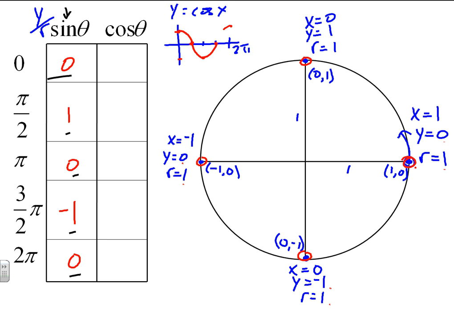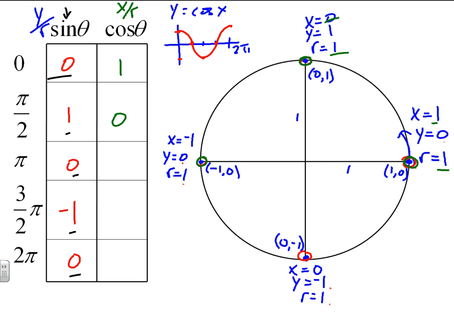Let's try that again. Okay, so cosine, let's do this one in green, x on r. So as we tour around at 0, x on r, 1 on 1. As we turn to 90 degrees, pi on 2, x on r, 0 on 1.